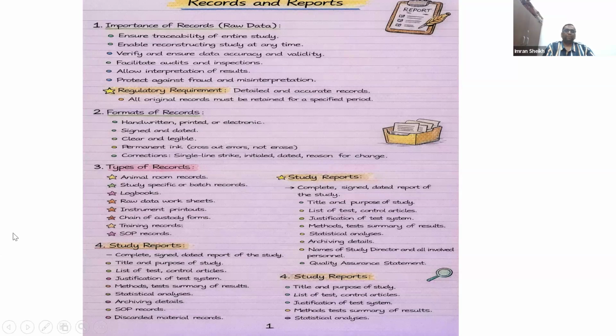The study report should have the complete signed and detailed report of the study, title and purpose of the study, list of the test articles, and furthermore the archival details, SOP records, and discarded material records should be there.